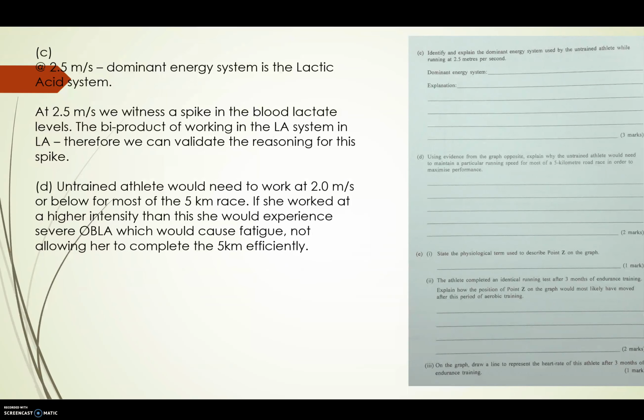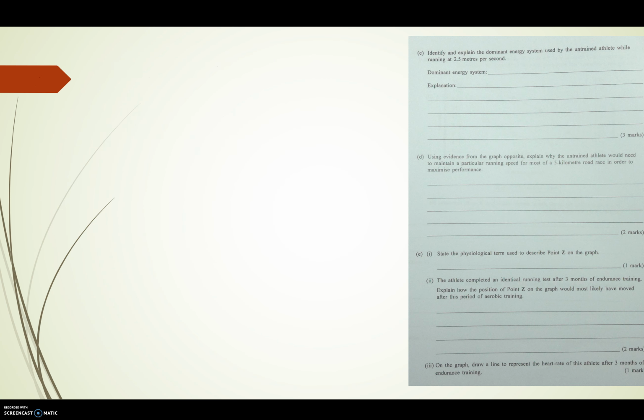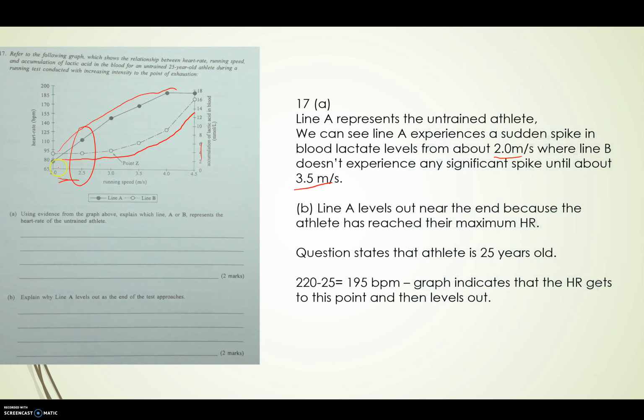D. Use evidence from the graphs opposite. Explain why the untrained athlete would need to maintain a particular running speed for most of the 5 kilometre road race in order to maximise performance. So I've said here, we can see anything further than 2, we're experiencing a spike in the lactic acid and the blood lactate.